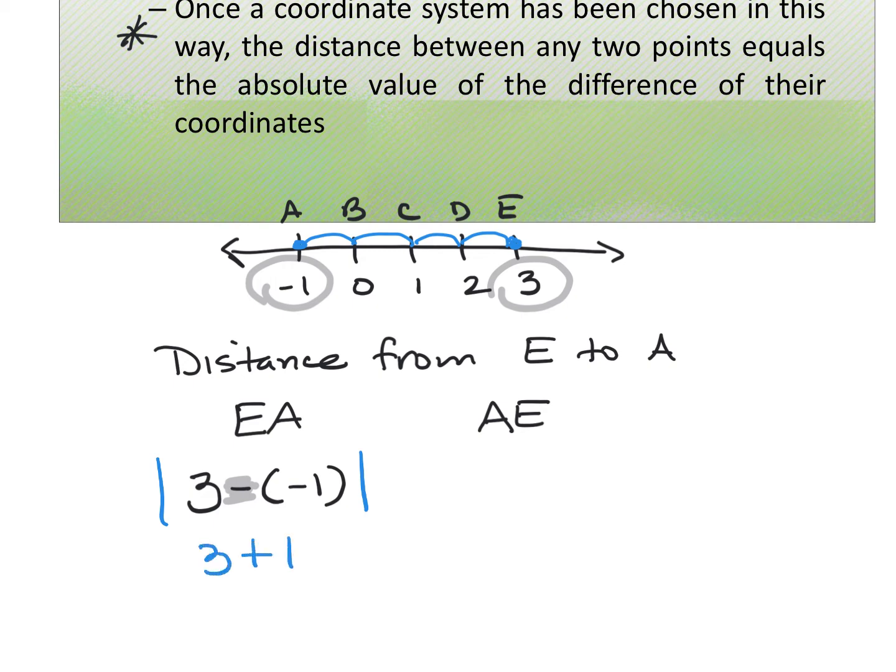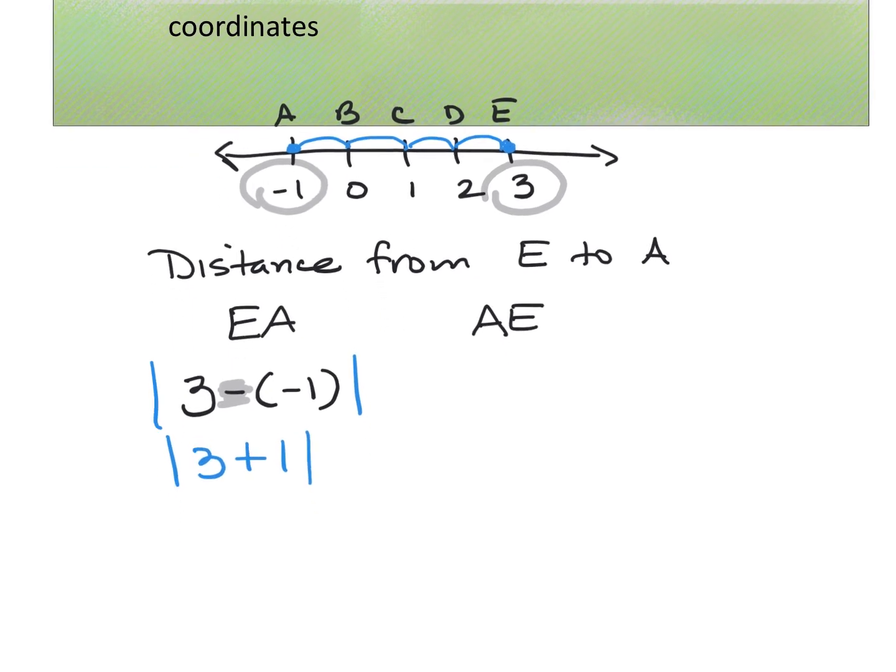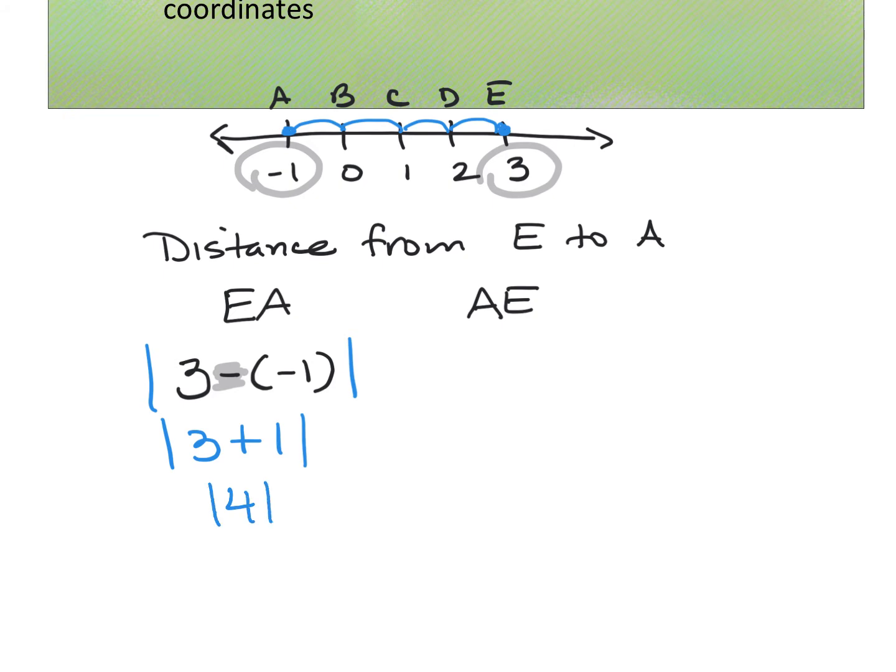Find the absolute value of 3 plus 1. 3 plus 1 is 4. And the distance would be 4. Same answer I got when I just counted the little spaces. I could do it the other way as well. -1 minus 3. Absolute value it. And again, I get the same answer either way.